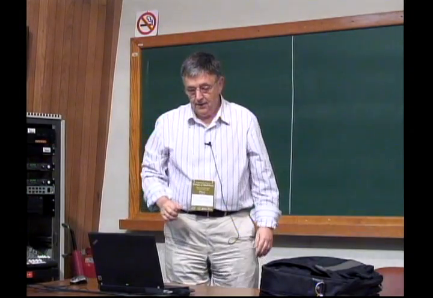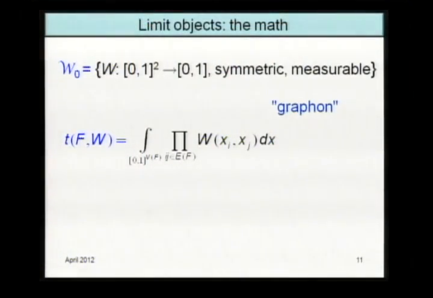And again, this is a formula which generalizes what we have already seen for triangles: you can define the density of a graph F in a graphon W by this integral. You have a variable for each node of F. You have then a factor W(x,y) for each edge of F. You take the product of these and you integrate.